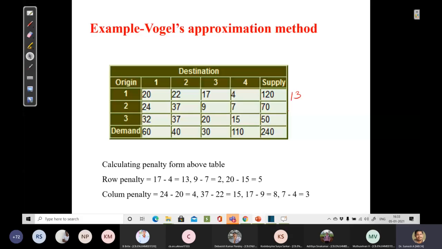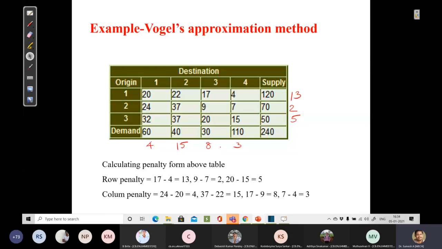Next is 5. Here it will be 4. Here it will be 15. Here it will be 8. Here it will be 3.